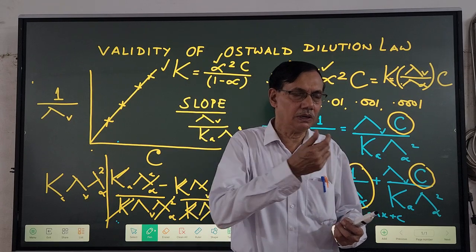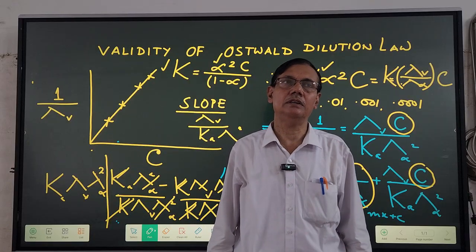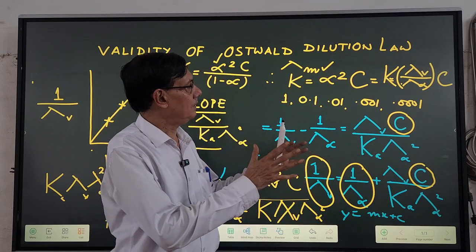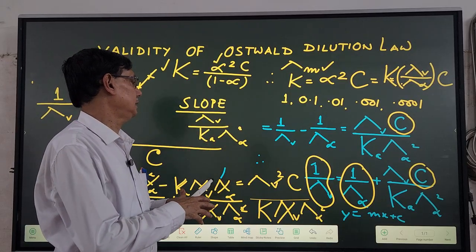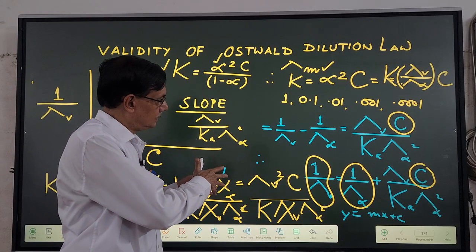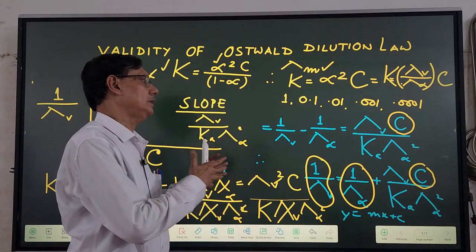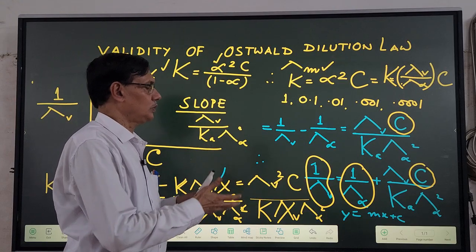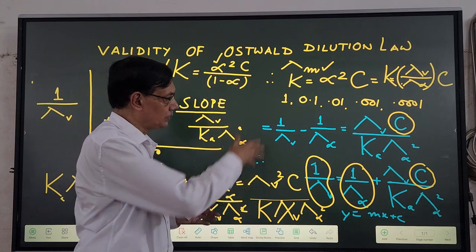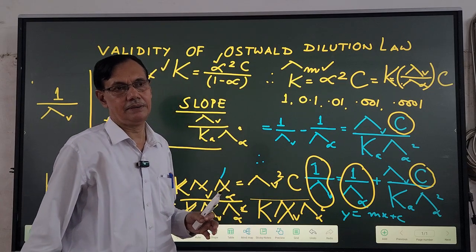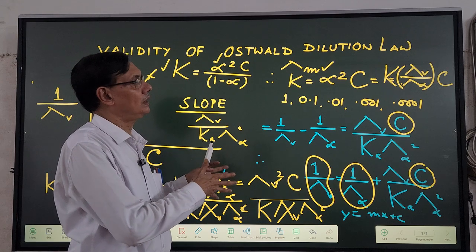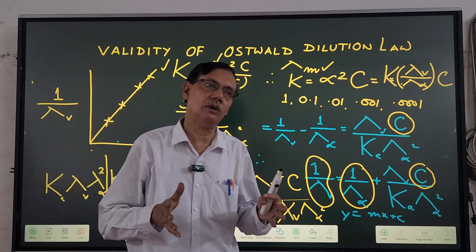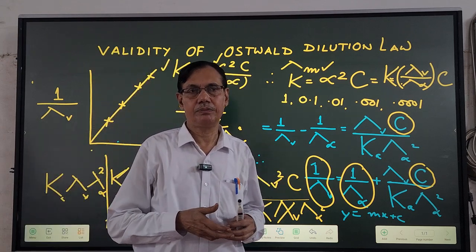Therefore, I also discussed something about the Arrhenius equation regarding the dissociation. So in a nutshell, Ostwald dilution law is the relationship between the molar conductance and the concentration, or you can call it the degree of dissociation is inversely proportional to the concentration. And the limitation of the Ostwald dilution law is that it is only valid for weak electrolytes.